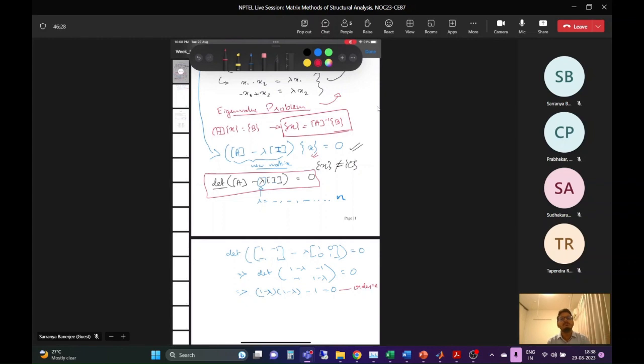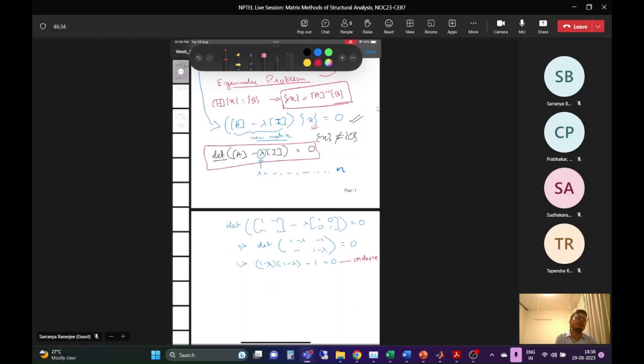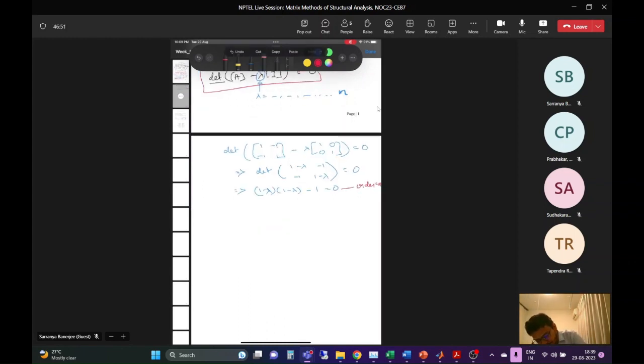If something equals 0 without any constants, x equals 0, right? But now we are saying that x is not equal to 0. Find me some solution for x in this present scenario. And in this scenario, a solution for x exists when lambda takes up these n values.